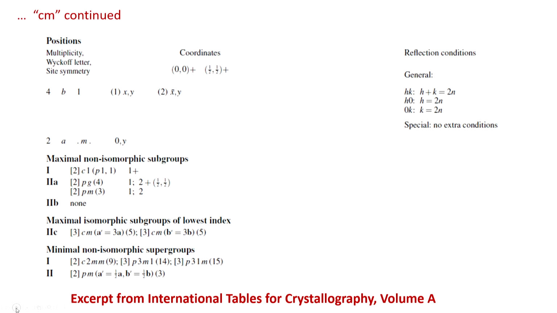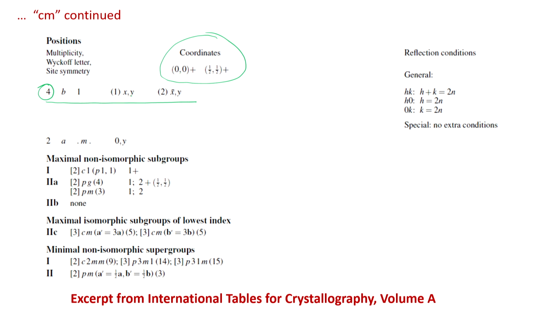If I look at the second part, again there are special positions and general positions. Now, this is special position. This special position has a multiplicity of 4, but I see only 2 coordinates here, but there should be 4 coordinates. So, we have to read this table with reference to what is given here. It basically says to add to these 2 coordinates 0 comma 0 in one case, that will give me 2 coordinates, in another case add half comma half.